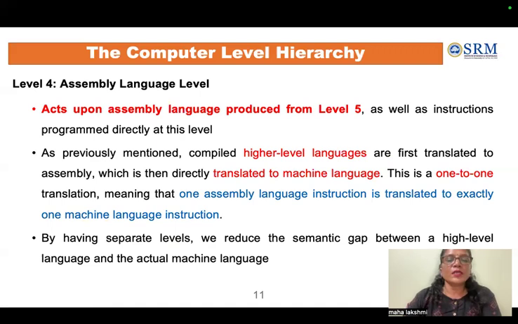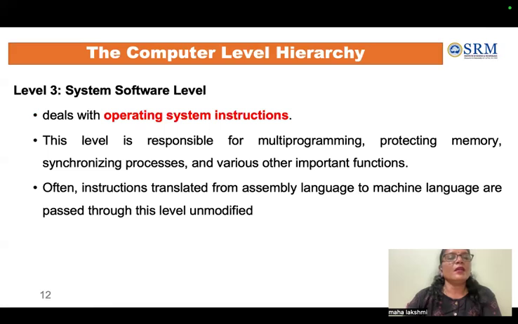This is a one-to-one translation, which is nothing but one assembly level language instruction being translated into exactly one machine level language instruction. By having separate levels, we reduce the semantic gap between a high level language and the actual machine level language.